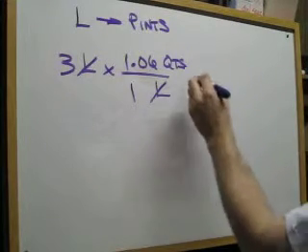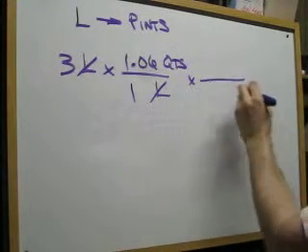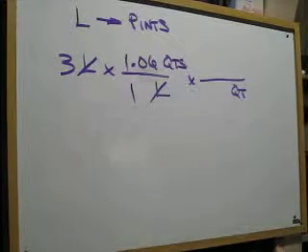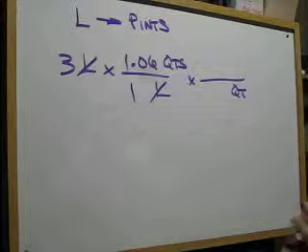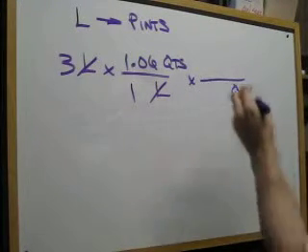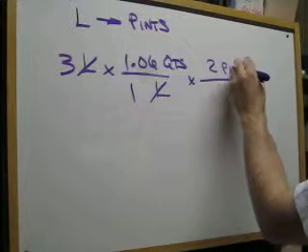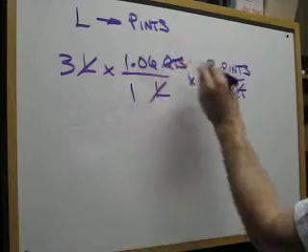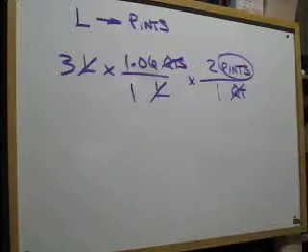So because it's not what we want, we draw another X, draw another line, put our quarts down here because it's up here. Now we can look at just English and say, all right, do we know anything about quarts in pints? Well, if you go back a couple lessons, you know that there are 2 pints in 1 quart. So we can cancel our quarts. That is what we're looking for, so we stop.